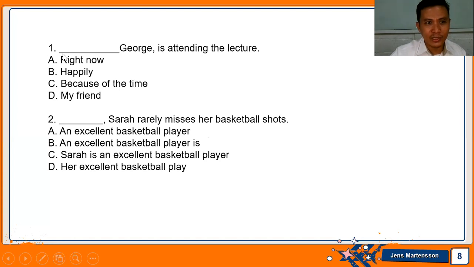Coba bedakan antara question number 1 and question number 2. Which is the appositive and which is the subject? Number 1, coba kamu analisa. Number 1 ini siapa yang appositive, number 2 siapa yang appositive? Bedanya di mana? So what are the differences? Bisa nggak?